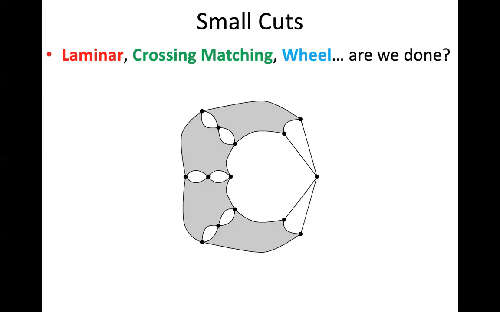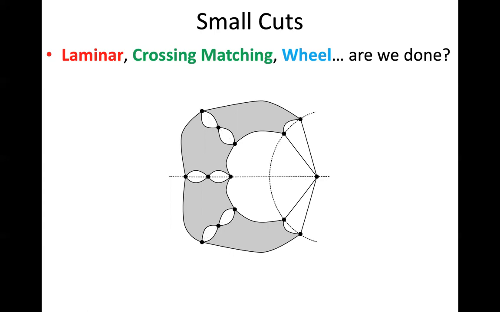So here's a little example illustrating how you can have a cut that doesn't fit the ordinary classification. At first this looks a little bit like a lopsided wheel, but it's not a wheel. So the connectivity of this graph is 4. There's many 4 vertex cuts. Here are 3 of them. And the pairwise relationship between all of these 3 is laminar.